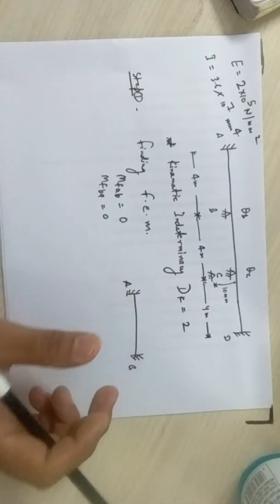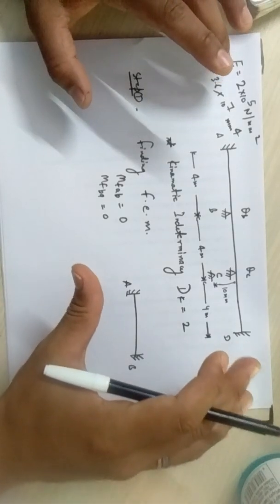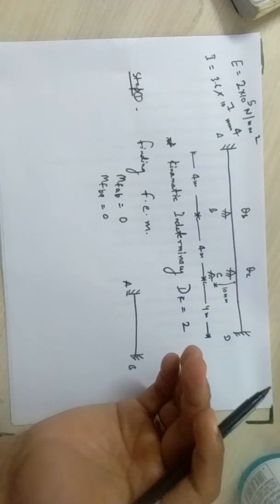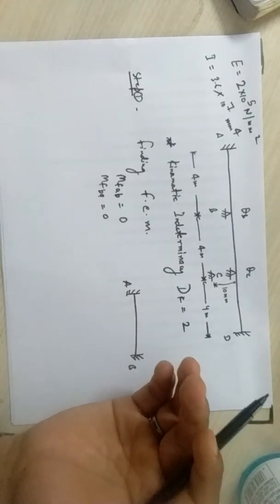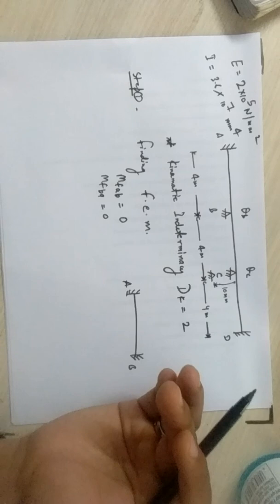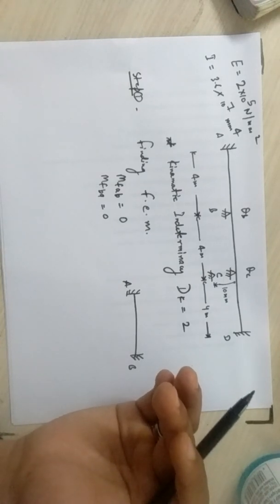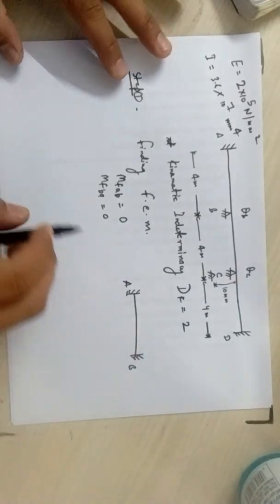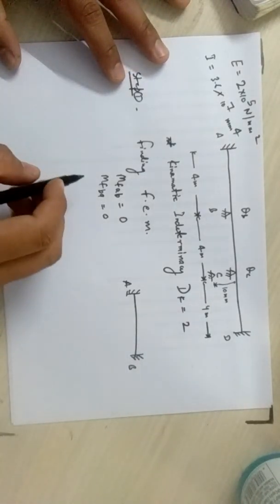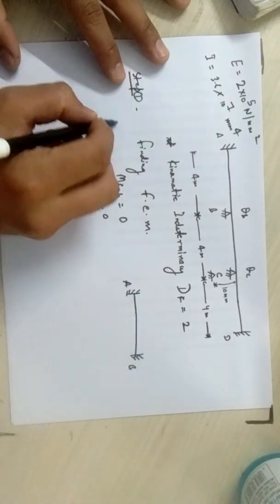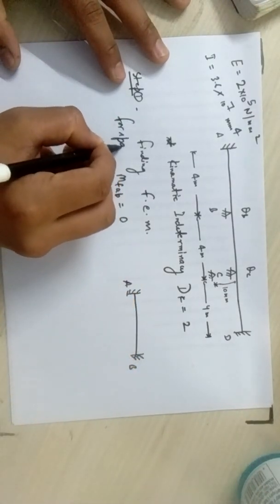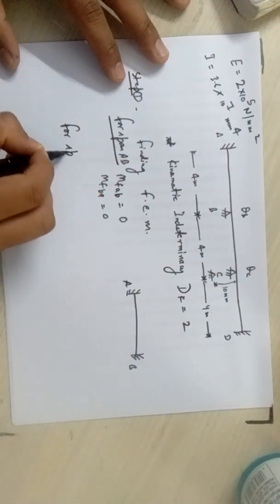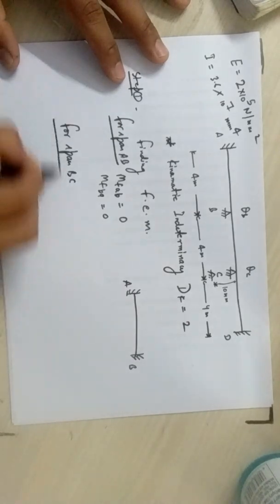I have already given you a table for all the fixed end moments. I have sent you the images via WhatsApp, so you can refer to that image. This is for span AB.